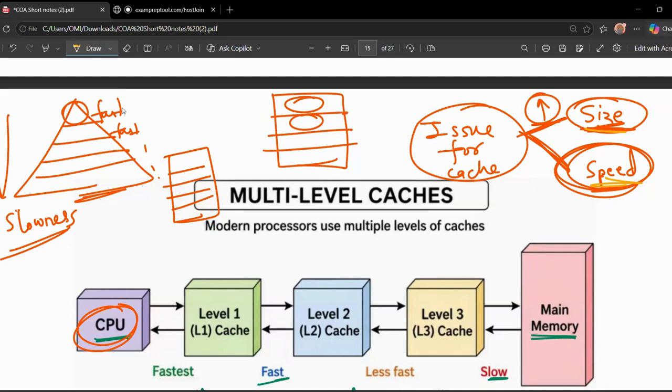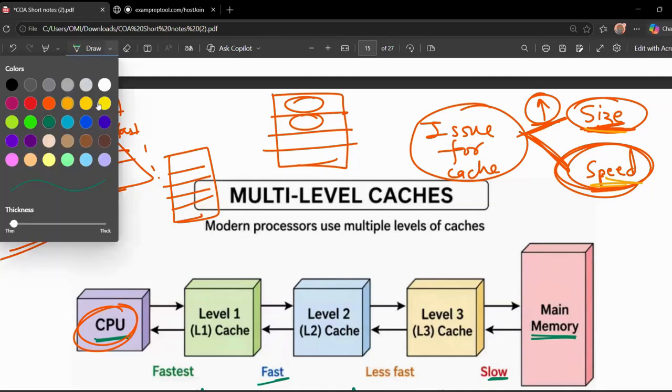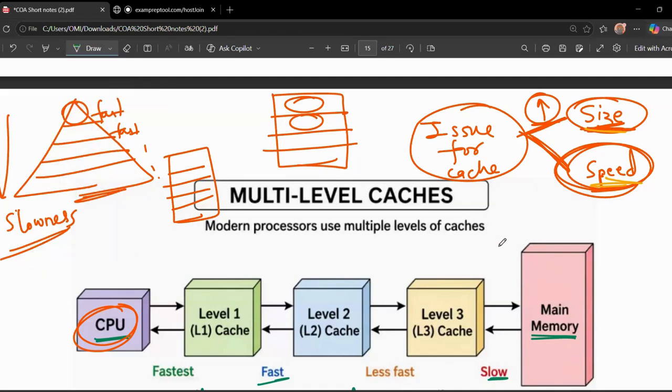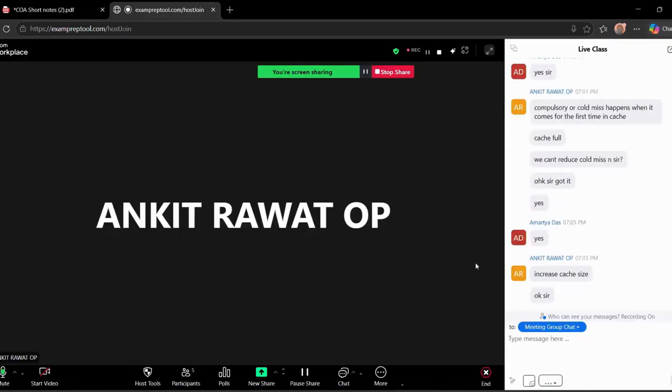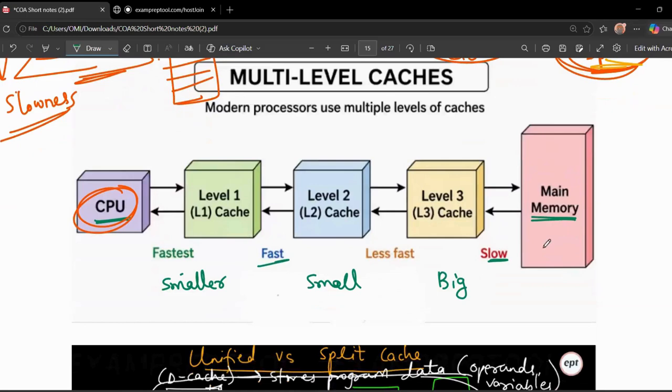So that's what the engineers have done, not we but engineers. Engineers have decided, why don't we put it into levels? Here it is small, so here you will get very fast access.